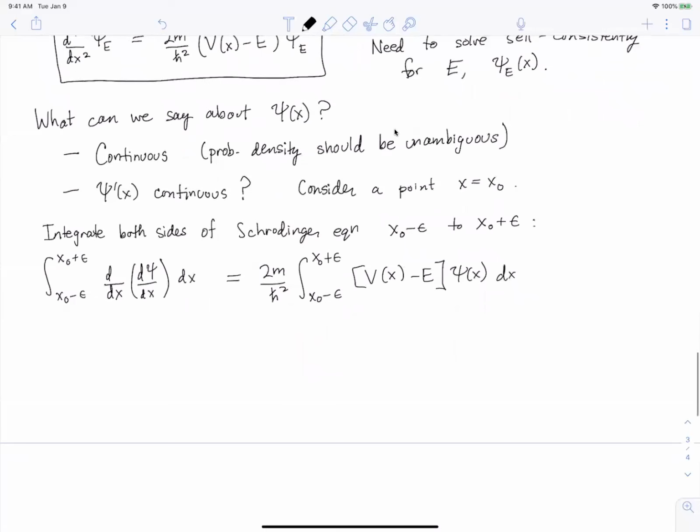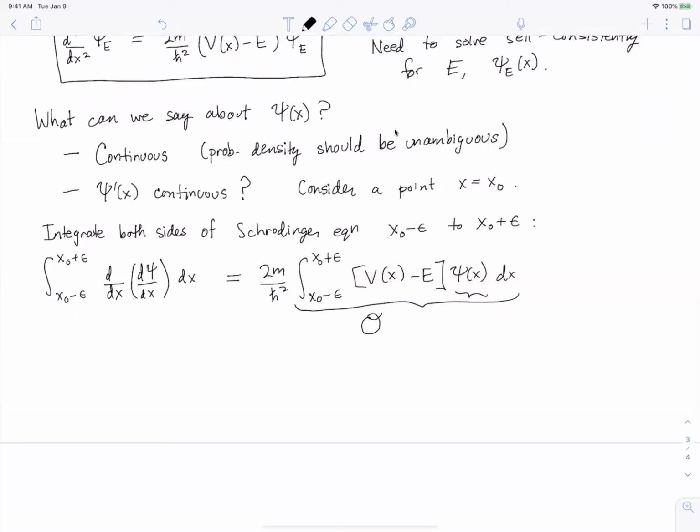Okay, now, suppose that the potential isn't doing anything weird near x0. So for example, let's consider that it's finite there. Then when we do this integral, we're just integrating a finite number times a continuous function, psi of x. And so nothing weird is going to go on. And then when I take epsilon goes to 0, the whole right-hand side is just going to get very small.